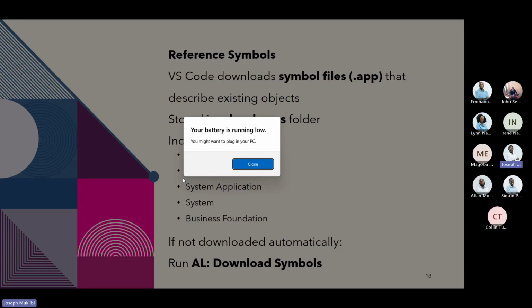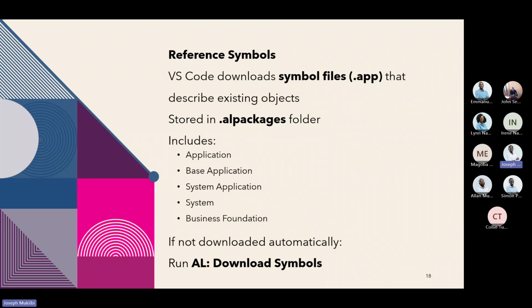When you download symbols, you find your folder having those files based on what you extended, based on the existing objects and extensions in Business Central.